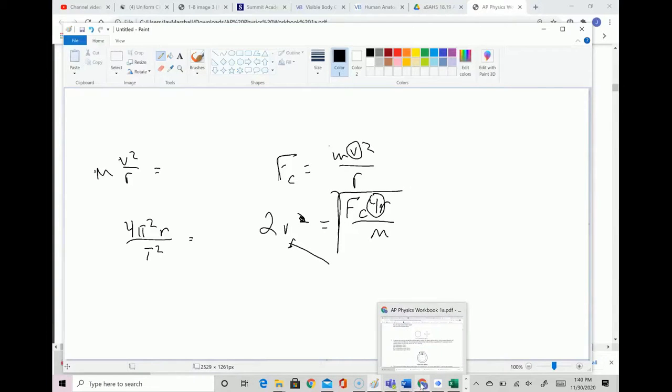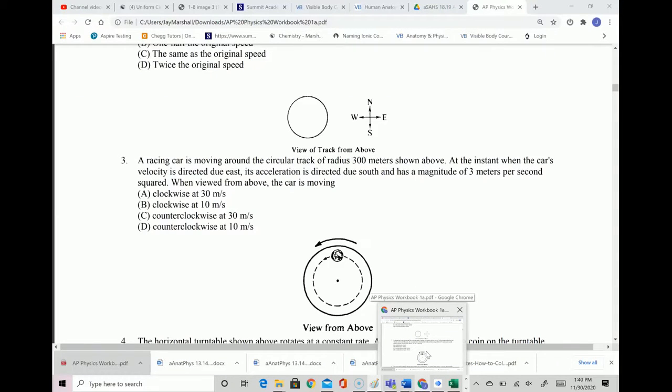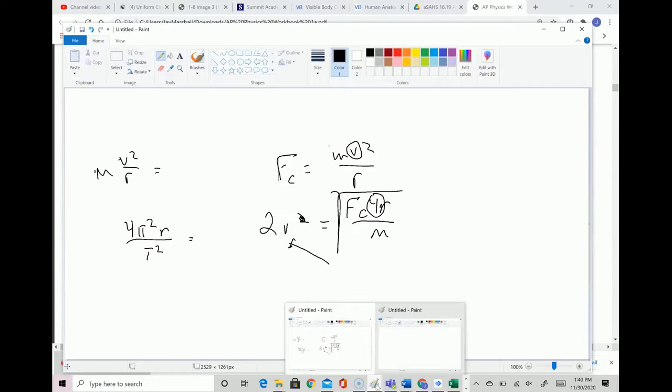Do I need to do that? I forgot that we had acceleration. A equals what, V squared over R?